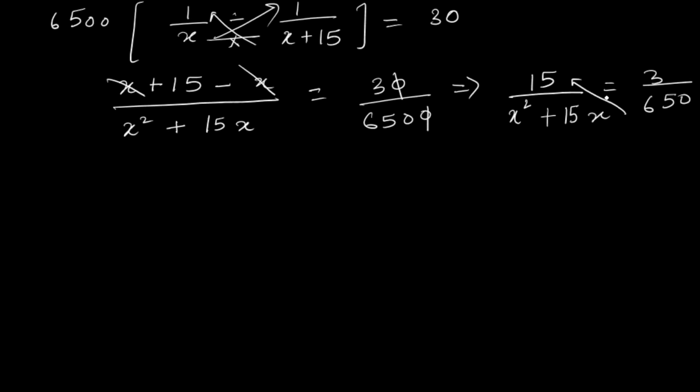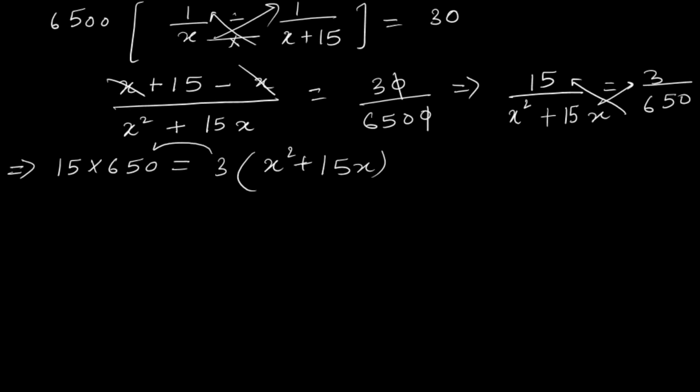Let's do cross multiplication now. We have to multiply 650 with 15, and multiply 3 with x square plus 15x. I am just shifting this 3 to the other side because I don't want the equation to be very lengthy, so if any cancellation is possible we can do it. So 15 into 650 divided by 3 is equal to x square plus 15x.